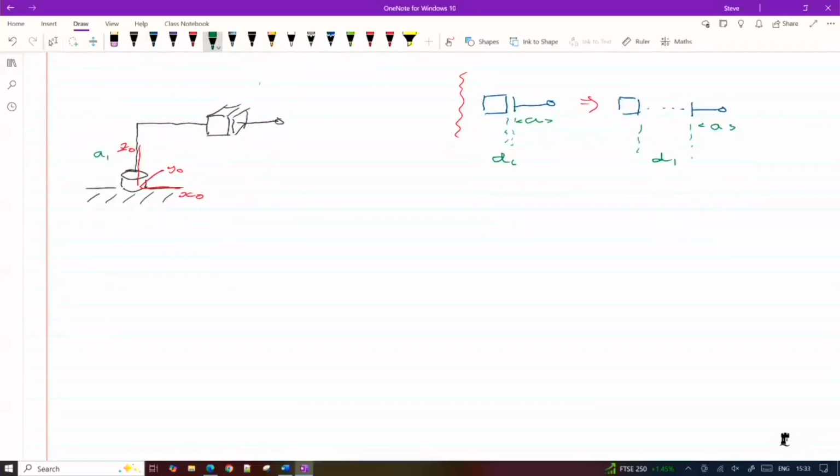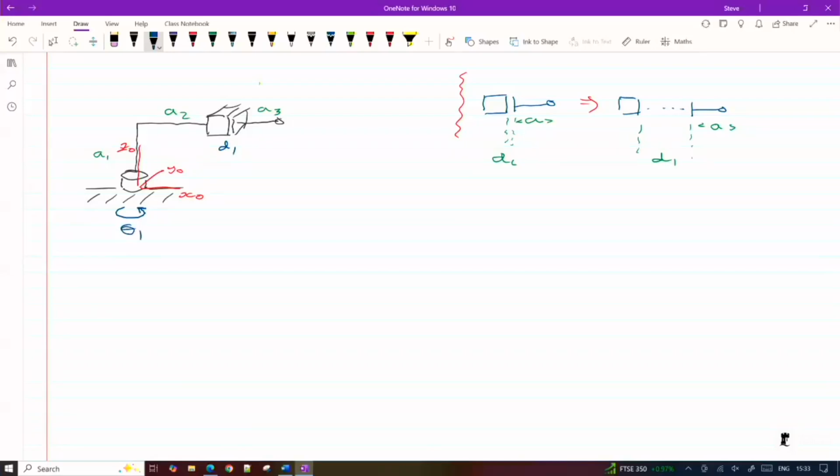So we have a vertical displacement of A1, which is a fixed link that's, again, non-flexible. Remember that. We have another link at 90 degrees to that, which is A2. And then we have the final displacement to our end effector mount point, which is A3. And our joint variable is D1.